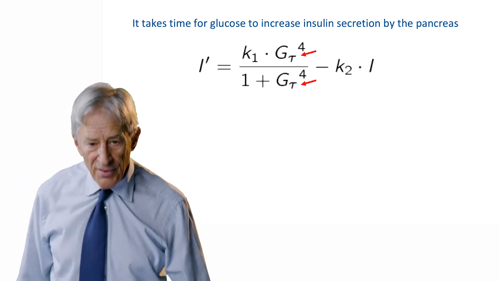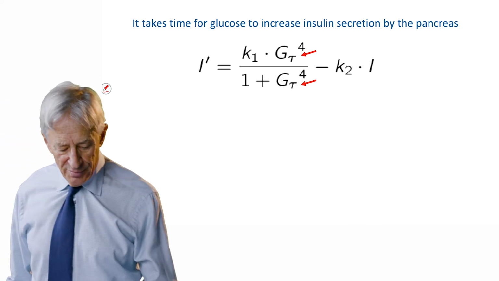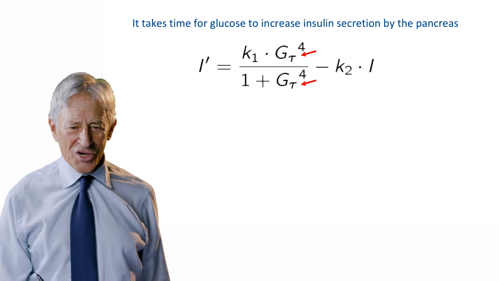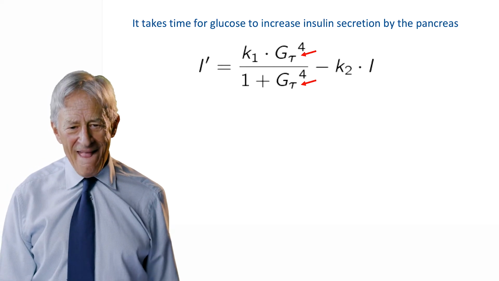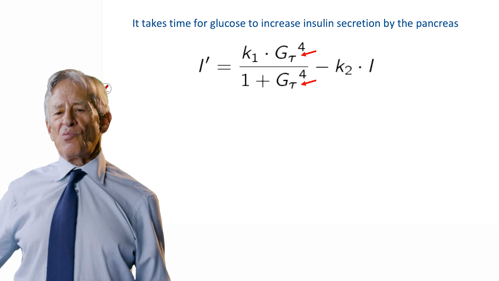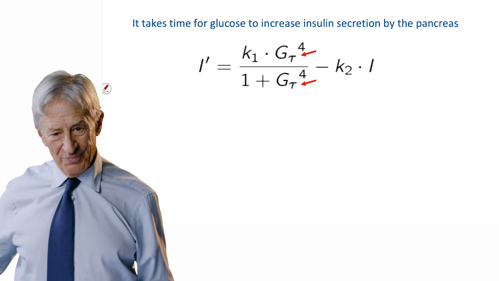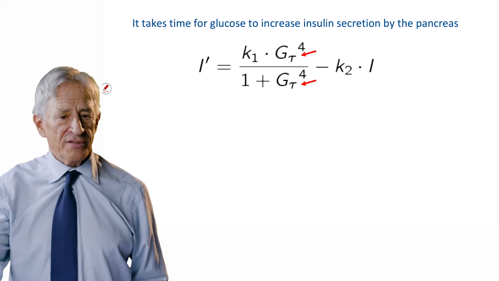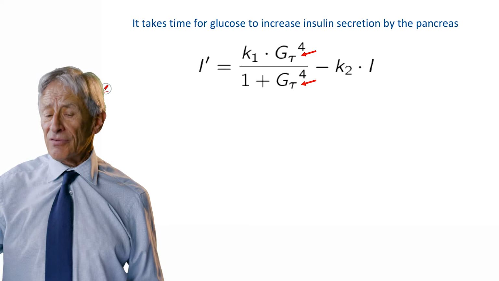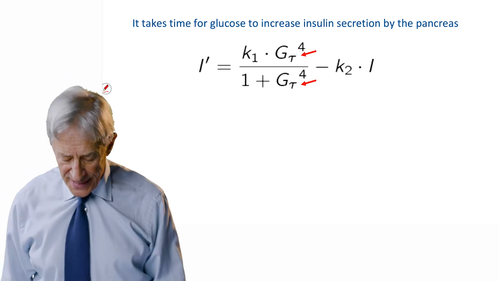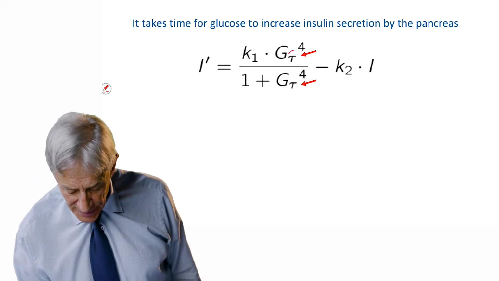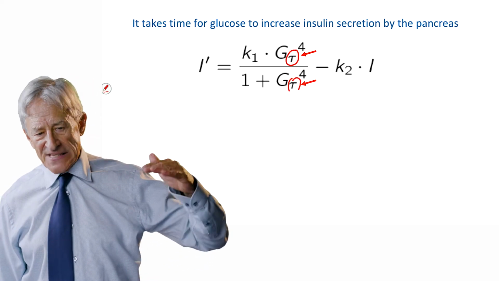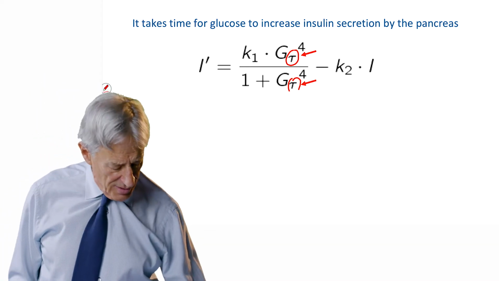So once again, we're in a situation where the insulin production term is not a function of current glucose. It's a function of what glucose was tau seconds ago when it was received by the pancreas. Now it's putting out insulin tau seconds later. So once again, we have to have a time delay term in the production term of insulin at the pancreas.